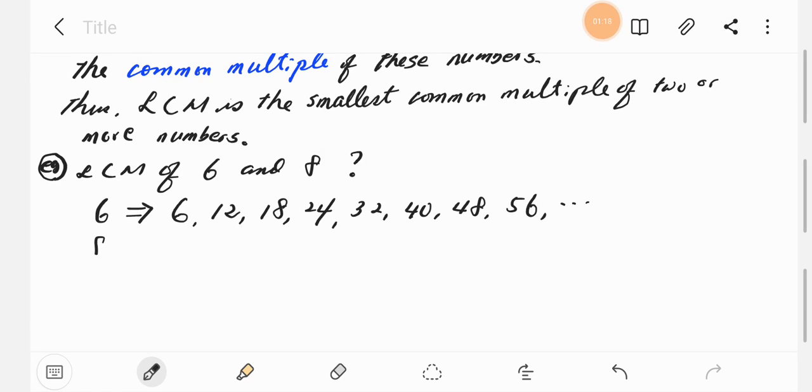And how about 8? What are the multiples of the number 8?